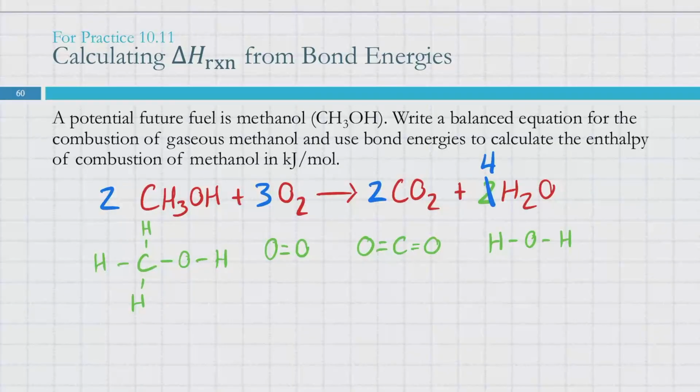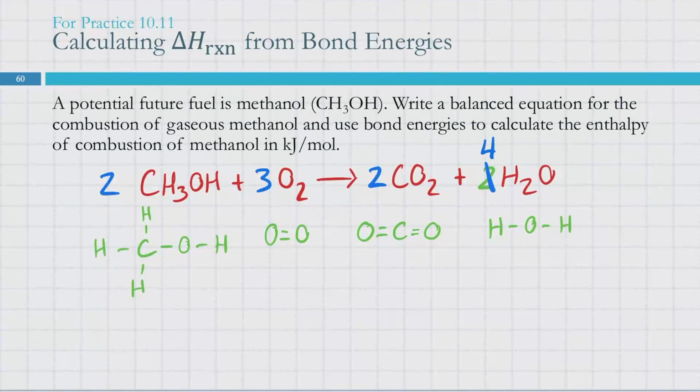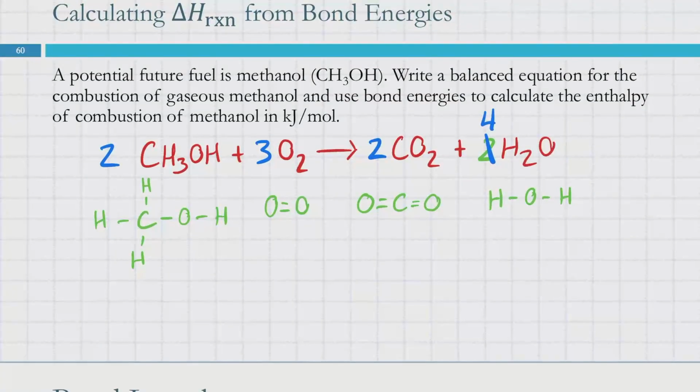All right, enthalpy of combustion of methanol. We need our average bond energy table. We also need the Lewis structures that we see so that we know which bonds we're pulling the values for. So let's do a count of how many of each type of bond we have. On our reactant side, these are all the bonds we're breaking.